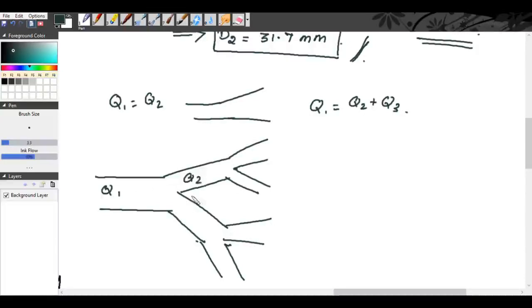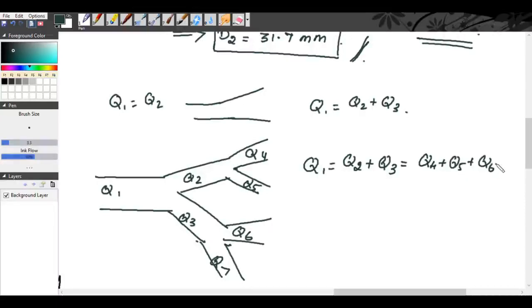Q1, Q2, Q3, Q4, Q5, Q6, Q7. So your Q1 will be equal to Q2 plus Q3. So that will be equal to Q4 plus Q5 plus Q6 plus Q7. Also, your Q2 will be equal to Q4 plus Q5, and Q3 will be equal to Q6 plus Q7.